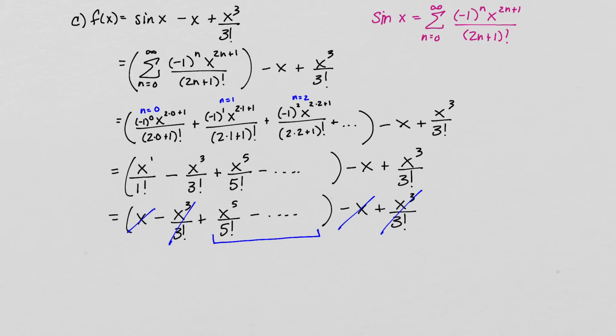And remember, this came from the n equals 2 term. So I basically just have the series, but instead of starting at n equals 0, it's really just going to start at n equals 2. So n equals 2 to infinity of negative 1 to the n, x to the 2n plus 1 over 2n plus 1 factorial.